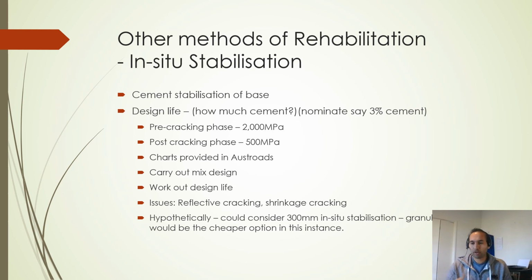But if you're importing 100 to 200 mil of crushed rock, then you might as well just do granular overlays. Because the design traffic is quite high, I did look at not importing anything and just reusing what we had and in situ stabilizing 300, and then you just had that 100 mil of underlying crushed rock. That model didn't quite work in Circly.